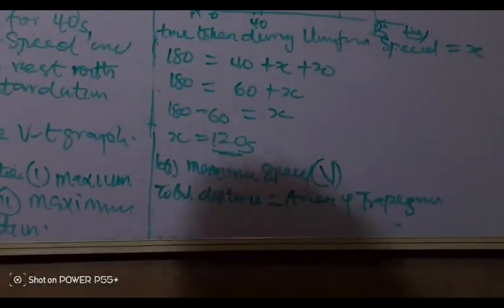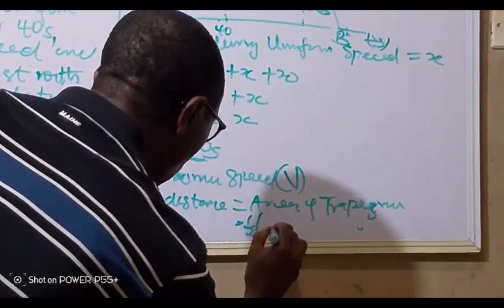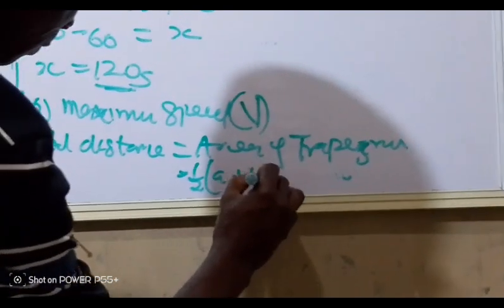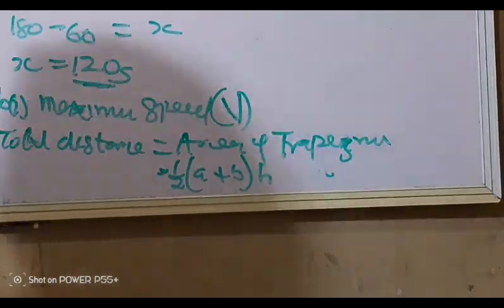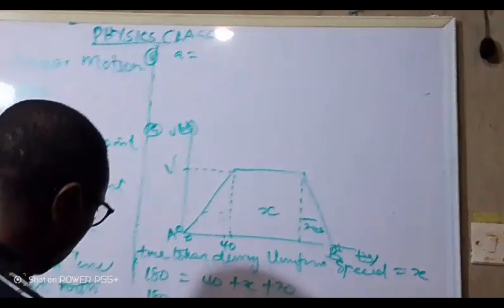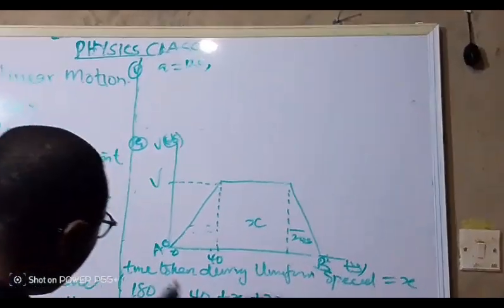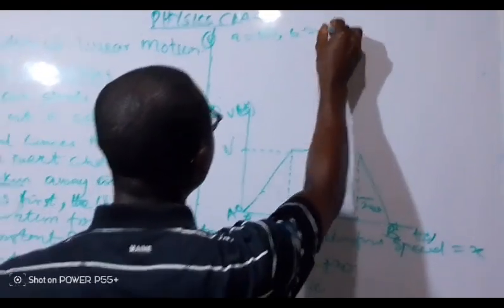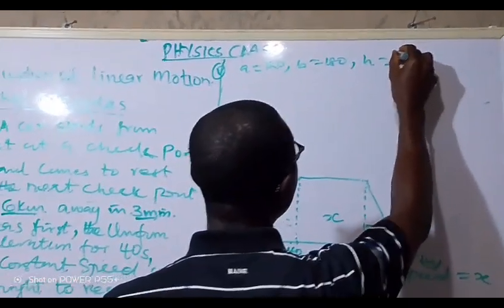So that will now be equal to half into, according to the formula, (a plus b) into h. And from what we have written here, our a will be from here to here, which is 120. Our b from here to here, which is 180. Our h will be equivalent to the maximum speed we have to calculate.